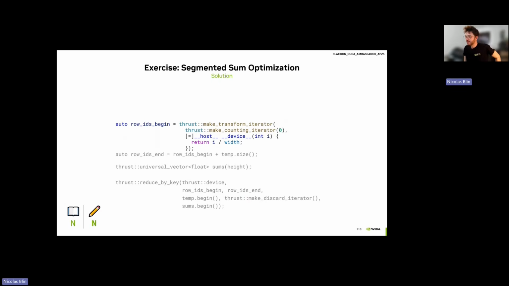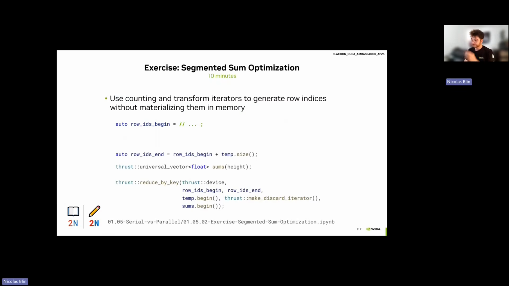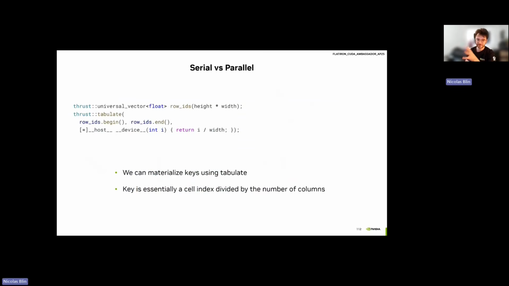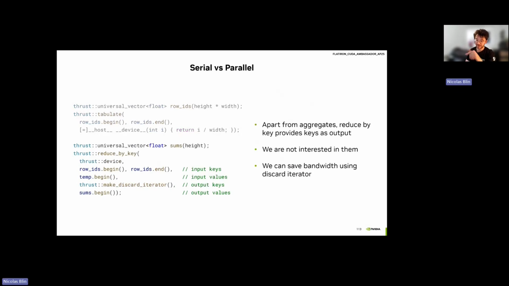So again, our goal here was to avoid having a temporary array that stores the row indices. We have to create this temporary array, we have to write the values into it, and then in the reduce by key, we have to read from it, which results in 2n reads: one for the heat value and one for the row array.